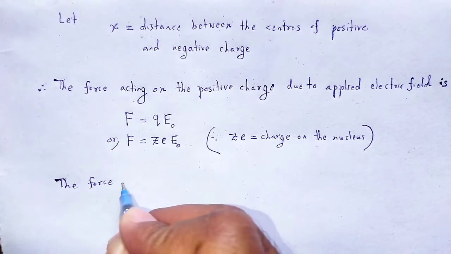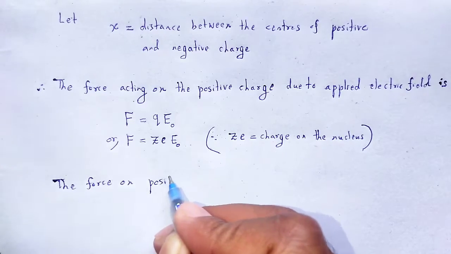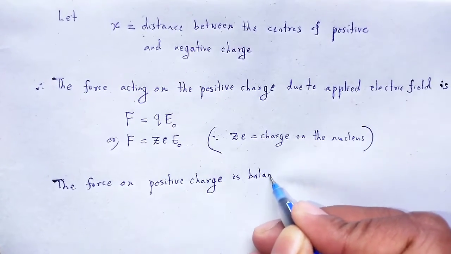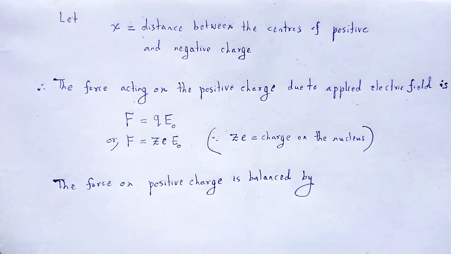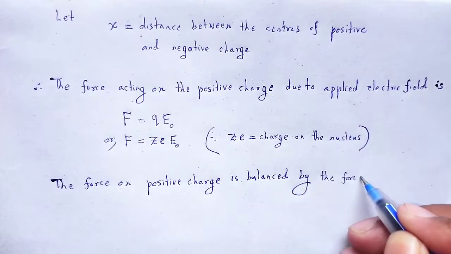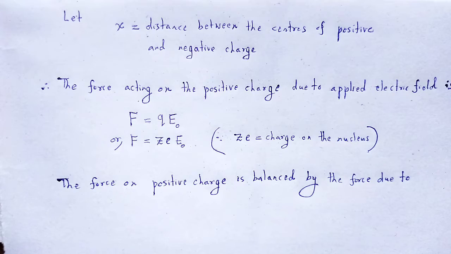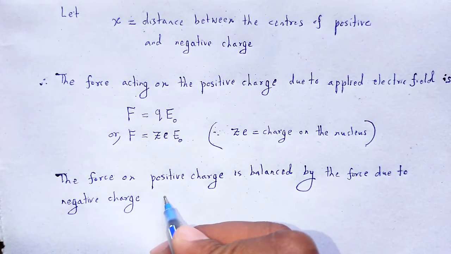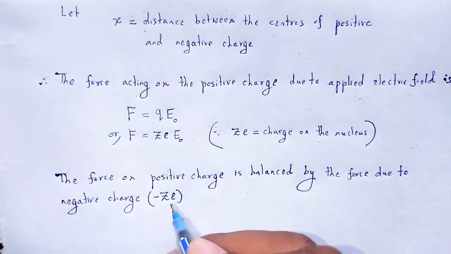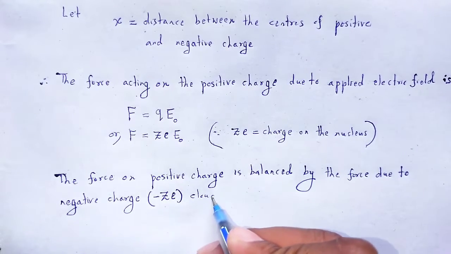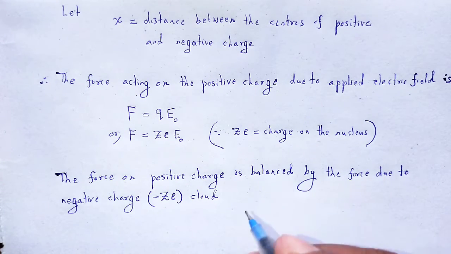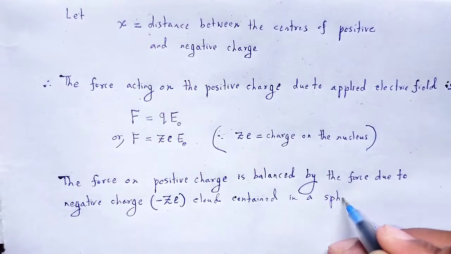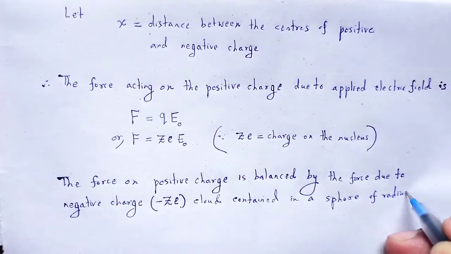The force on the positive charge is balanced by the force due to the negative charge, atomic number Z electrons, the negative charge cloud contained in a sphere of radius small x.